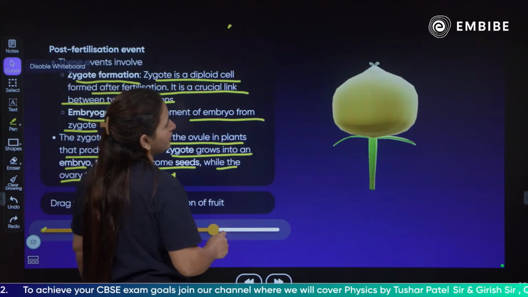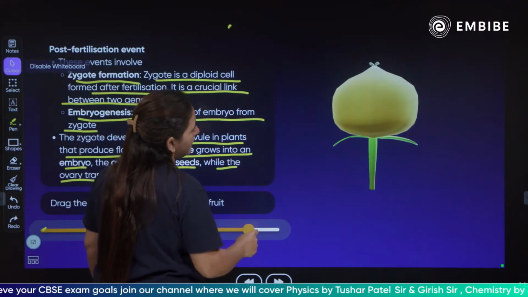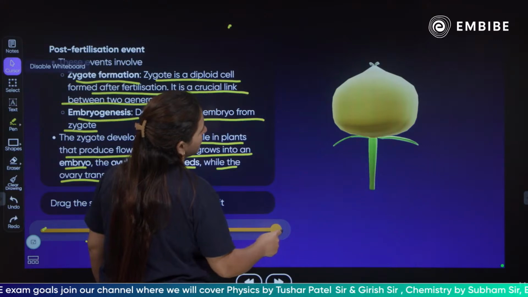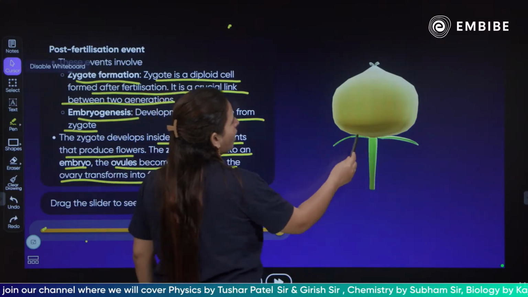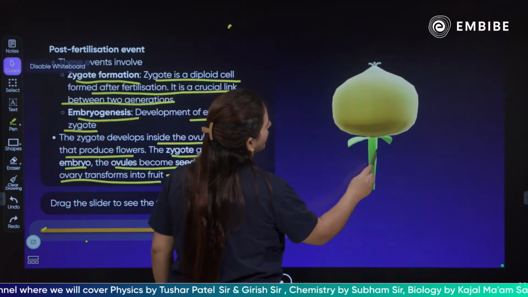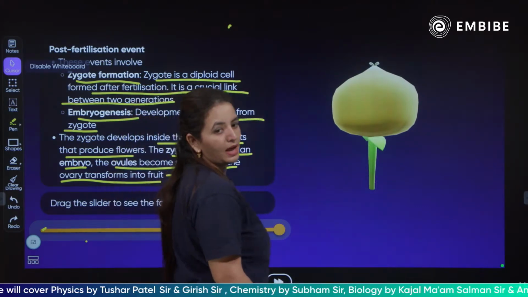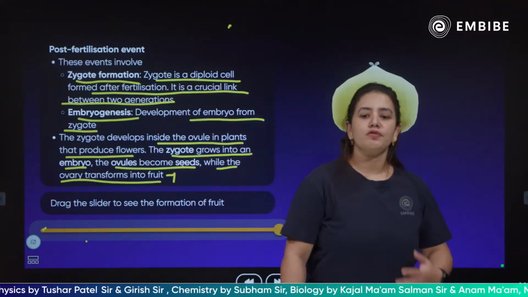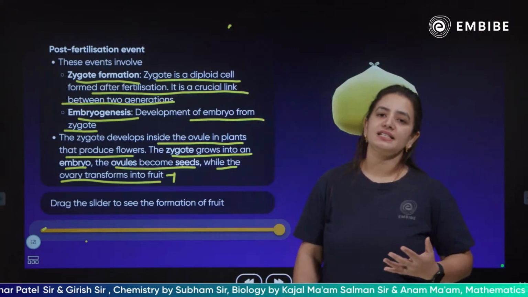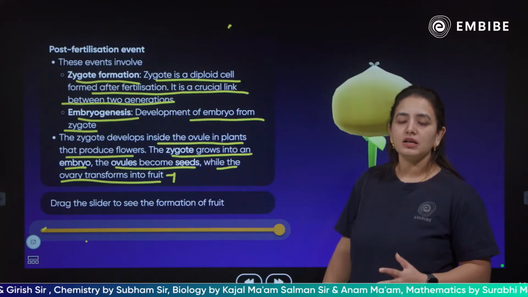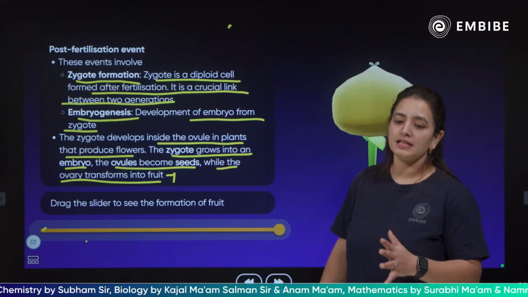Can you see this, children? These are the post-fertilization events. Clear? This is how it is converted into a fruit, how it swells up. If you cut it into two pieces, you will find the seeds inside it.